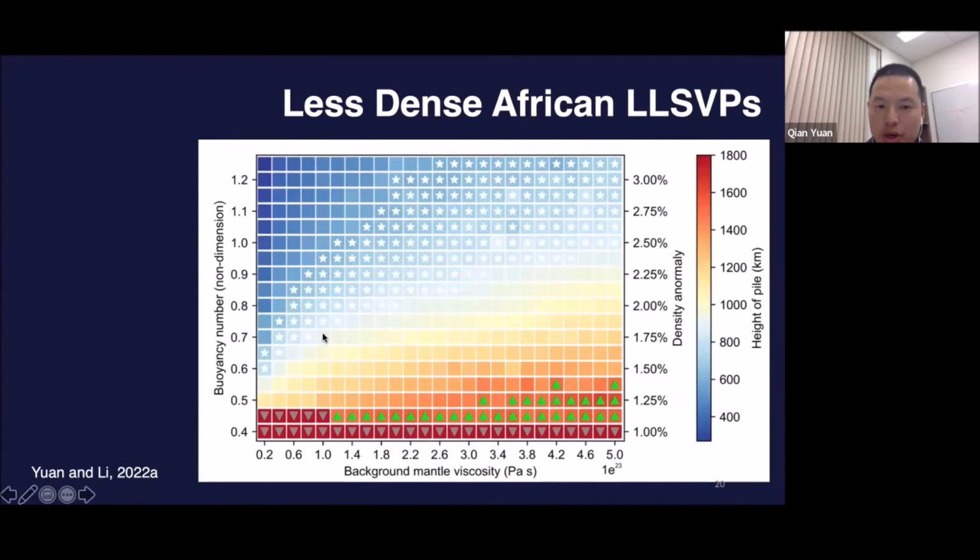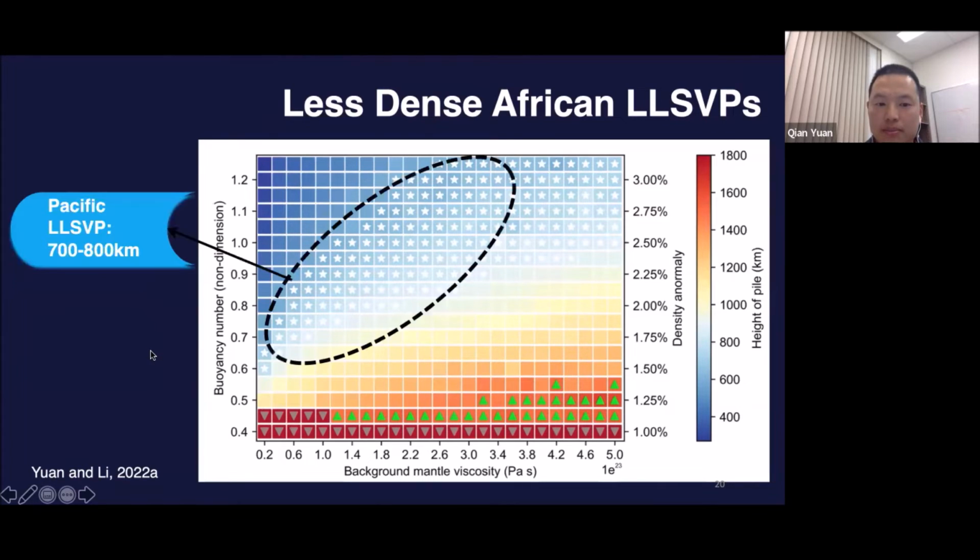One square represents one geodynamic model, and the color of the square represents the height of the pile when it reaches steady state. Blue means the pile is relatively small. When the color is red, the pile in that case is very, very tall.